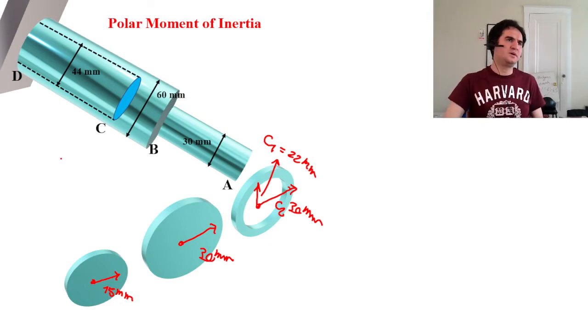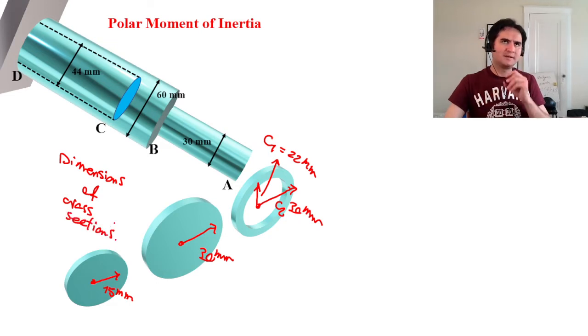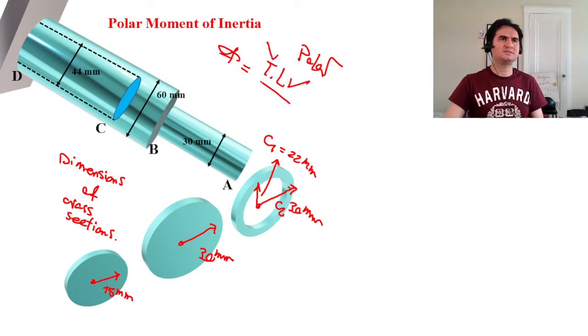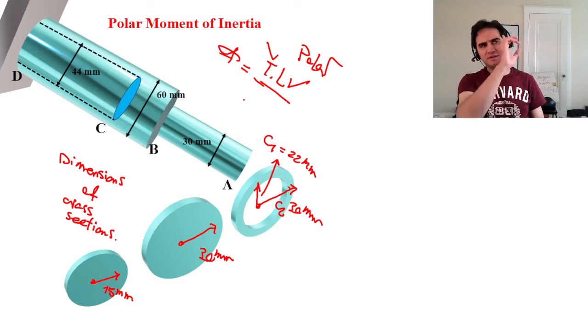If we know the dimensions of the cross sections, the next step is calculation of the polar moment of inertia, because in the phi equation, in calculation of angle of torsion, we need T, which we just had, we need length, which is provided in the problem statement and in the figure as well, and also GJ.